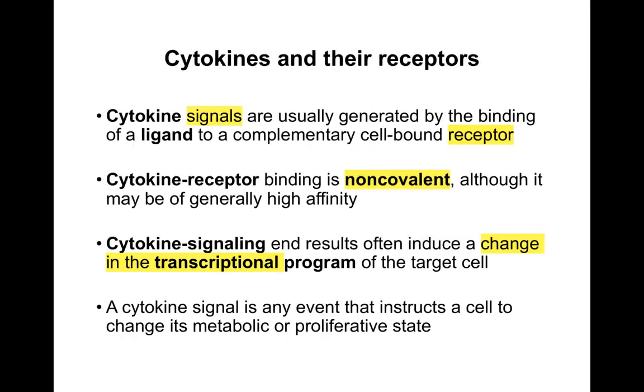What is a cytokine? Cytokines are proteins that can signal by binding to a receptor, telling another cell that they should do something different. When they bind, it is non-covalent binding, but they can bind with high affinity, and it induces a change in the cell that has the receptor.